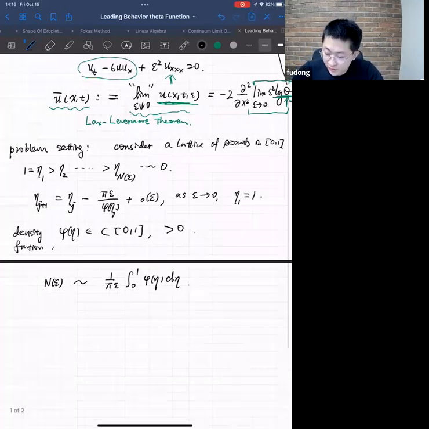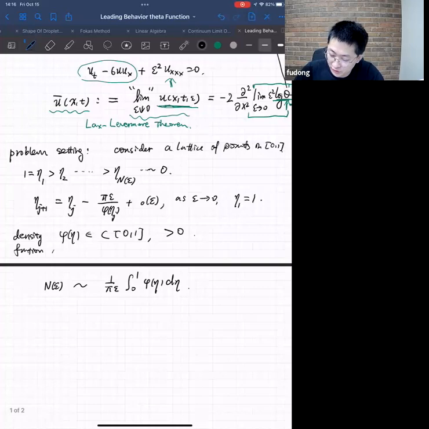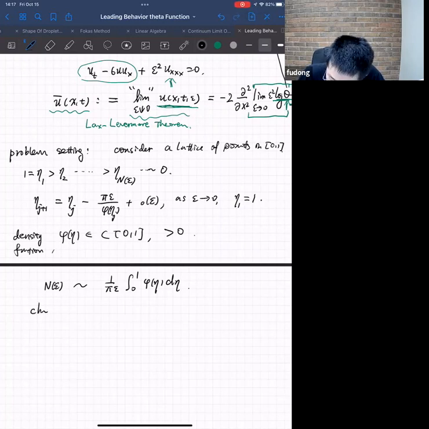Now, at each point of the lattice, we can choose the vectors.